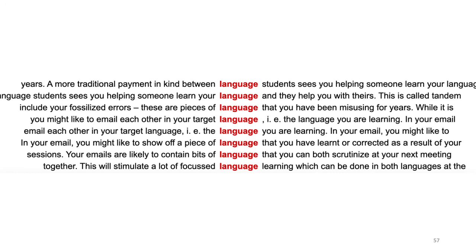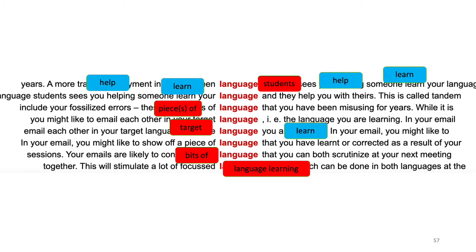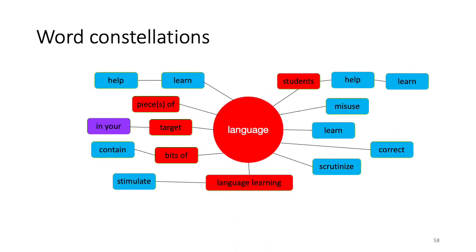Another task that students can do, which is related to the collocation text we were speaking about before, is that they can find the words to the left and right of the target word of a concordance and identify the words which have some sort of relationship with it. Then they can create this word constellation, which is a very nice way of students really focusing on a word and learning about the word.